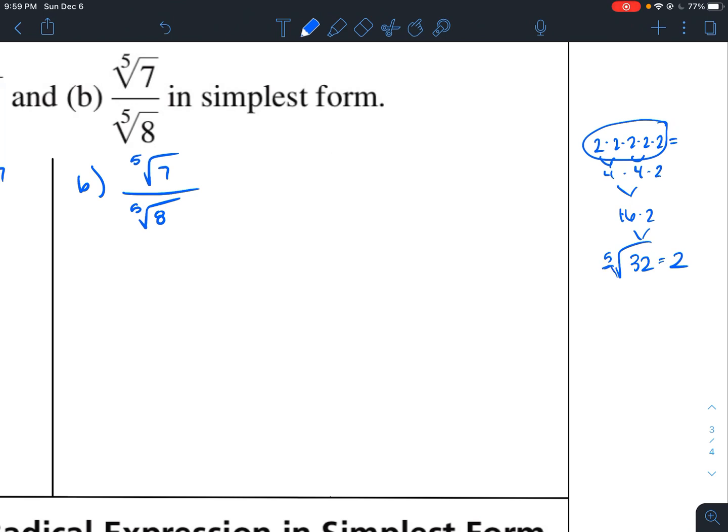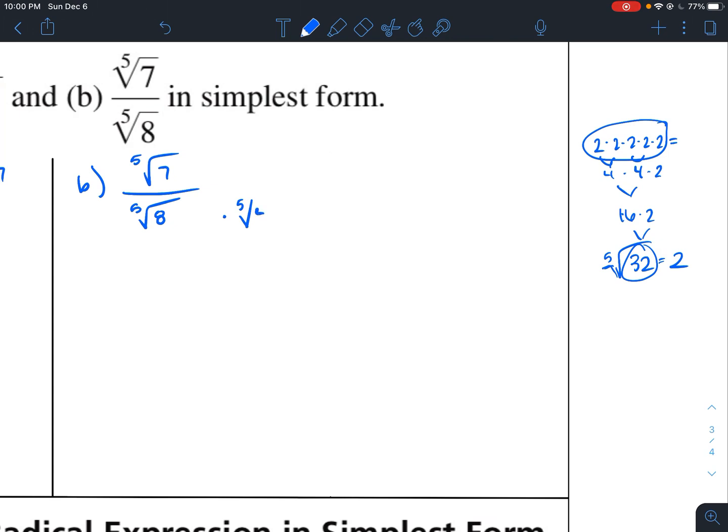So is there any way I can change the denominator to be the fifth root of 32? So to do that, what do I need to multiply 8 by to get 32? And I believe that should be 4.